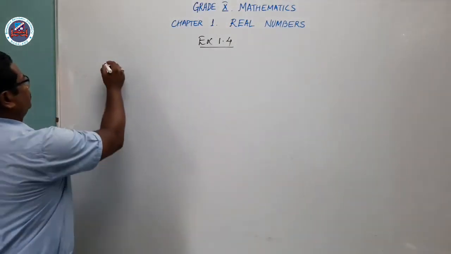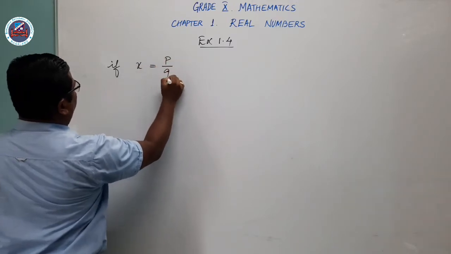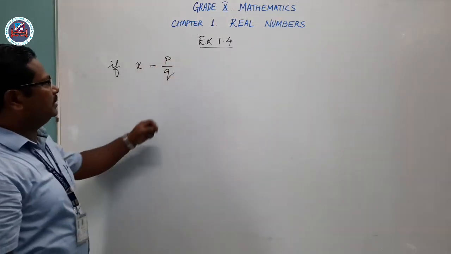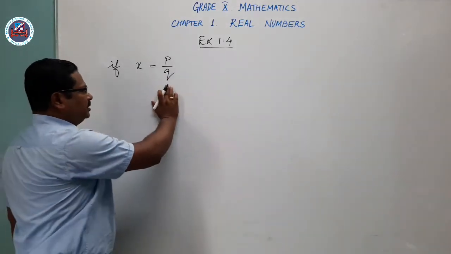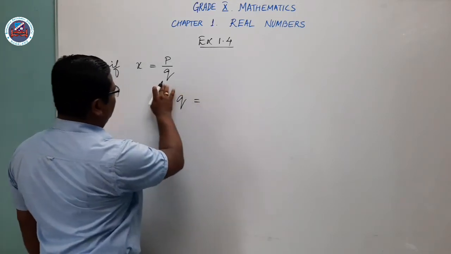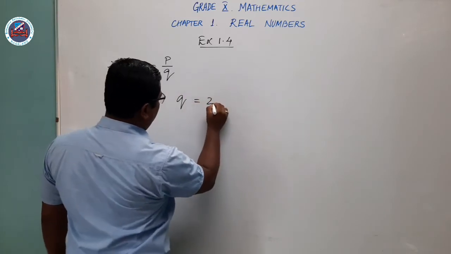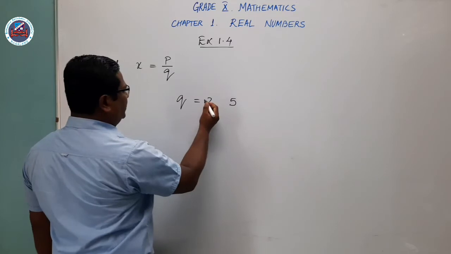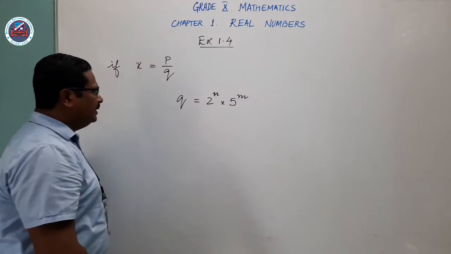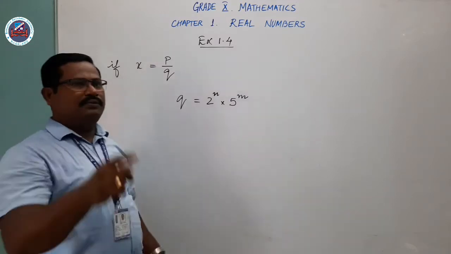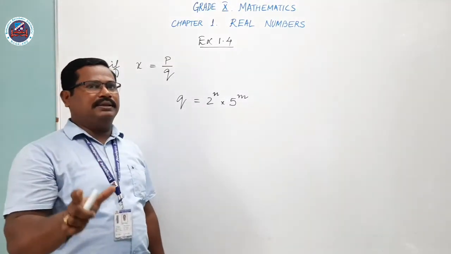Suppose x is a rational number that can be written in the form of p by q. If you find the prime factorization of q, and it can be written in this form, 2 to the power n into 5 to the power m, then if you divide p by q, the decimal expansion will be terminating.